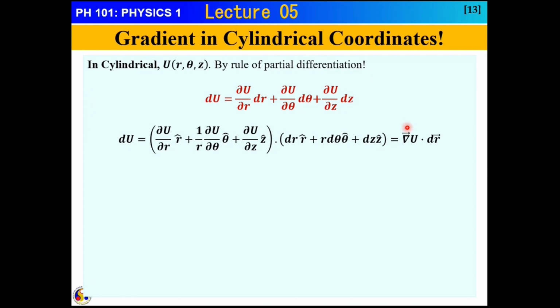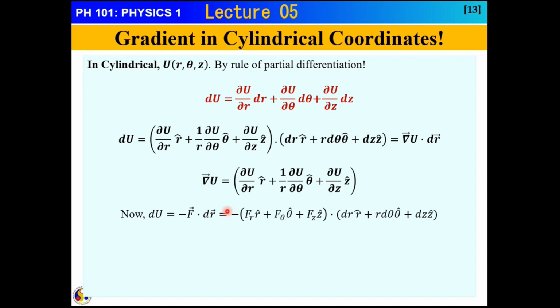Okay, so here this is the gradient of the potential, which becomes a vector quantity, into the displacement vector, and hence the gradient in the cylindrical coordinate system is del u by del r, r cap, plus 1 by r del u by del theta, theta cap, plus del u by del z, z cap.